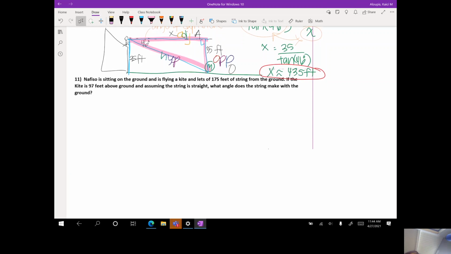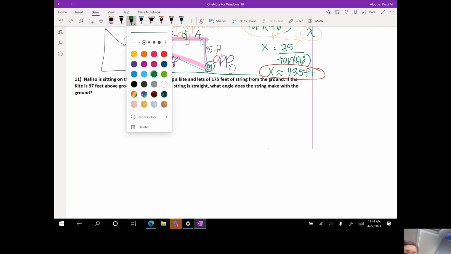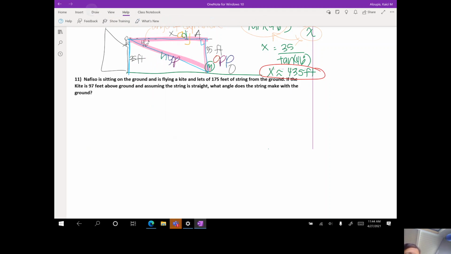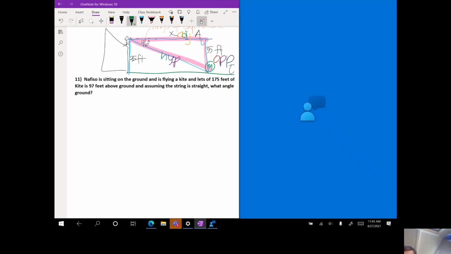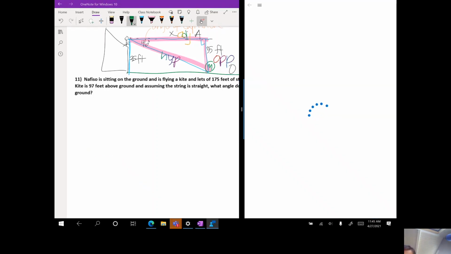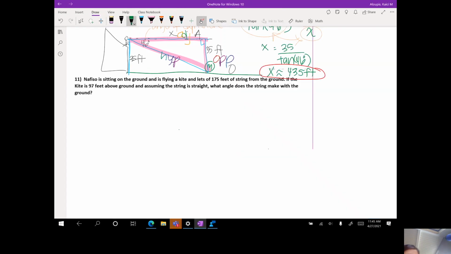All right. Last problem. Mephisto is sitting on the ground and flying a kite and lets 175 feet of string from the ground. Okay, quick note. Here's my ground.